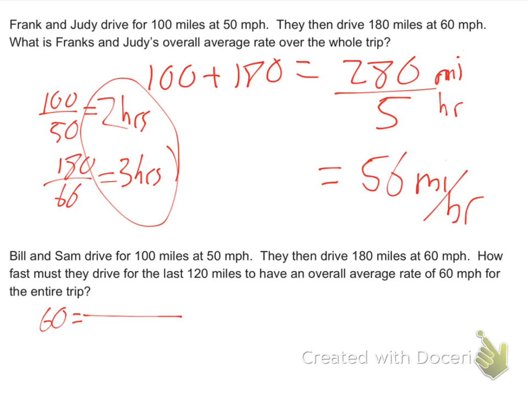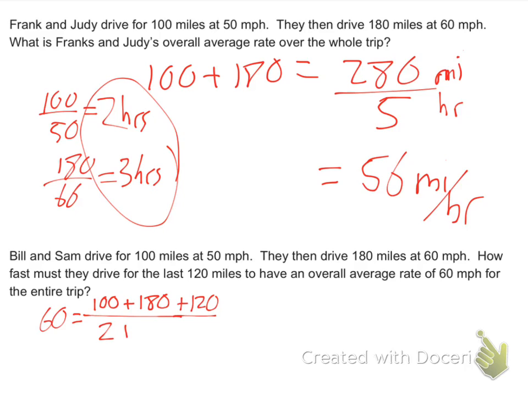Total distance. What are our distances? 100 plus 180 plus the last leg, which is 120. Now we already did this leg work. How long did it take them to do the first leg for 100 miles?